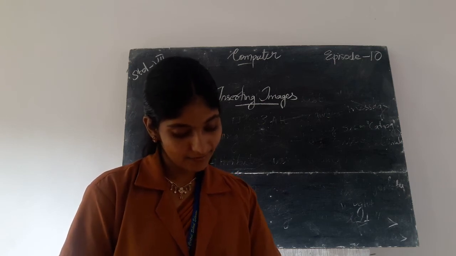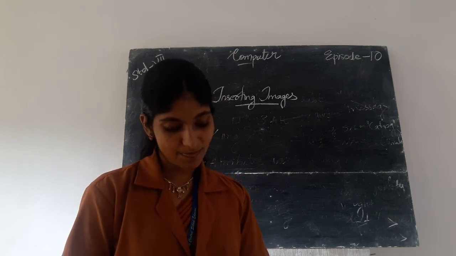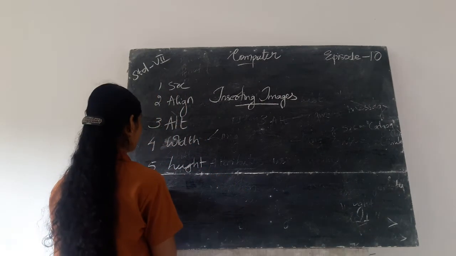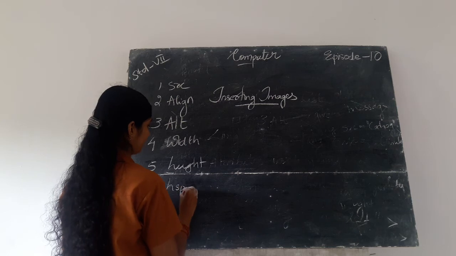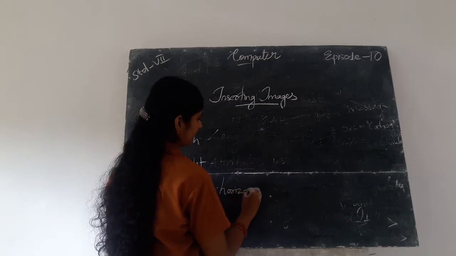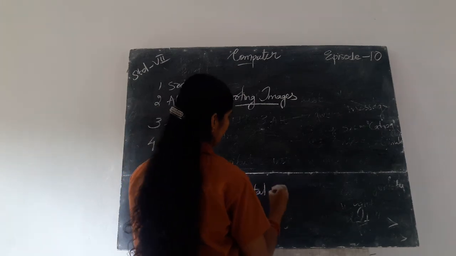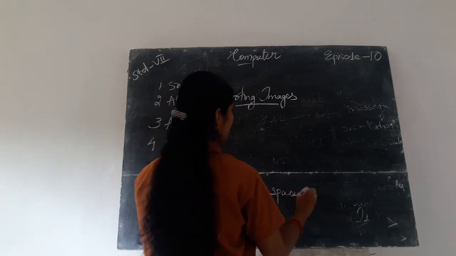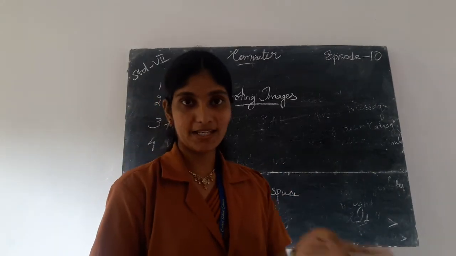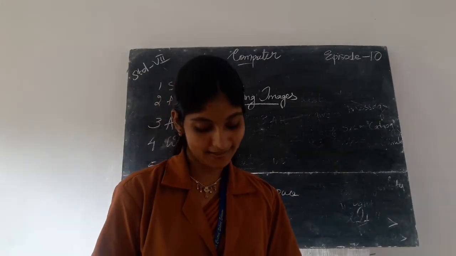Then next, hspace. Hspace means horizontal space. So you can set the horizontal space between a paragraph and the image. That is in pixels.